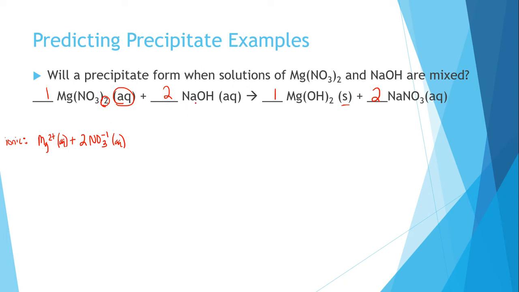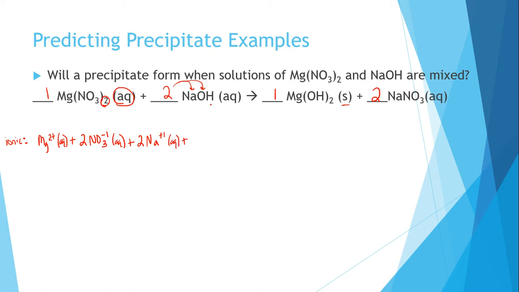Next, I'm going to work on sodium hydroxide. Now, sodium hydroxide has this coefficient 2 here. So this 2 has to go to both sodium and it also goes to hydroxide. So I have 2 Na, and sodium has a +1 charge because it's in group 1.